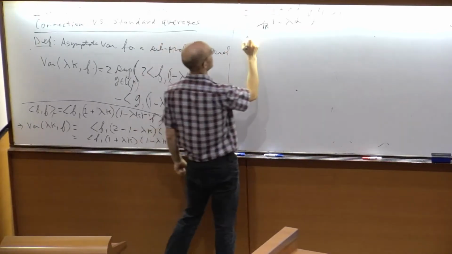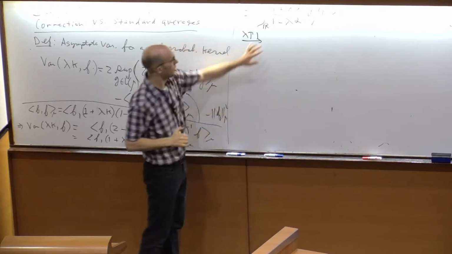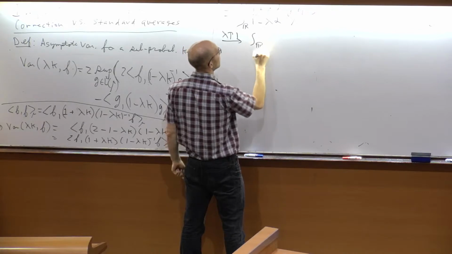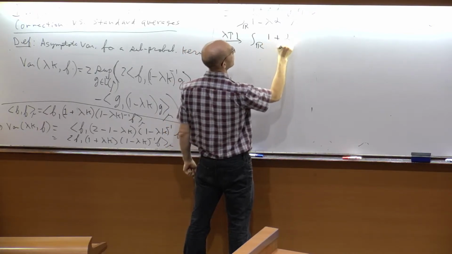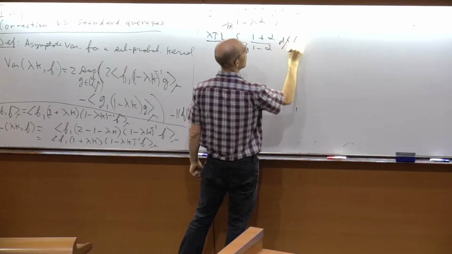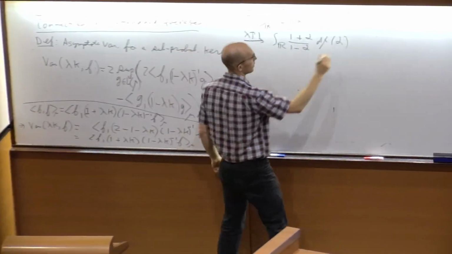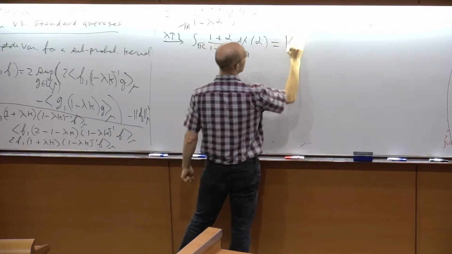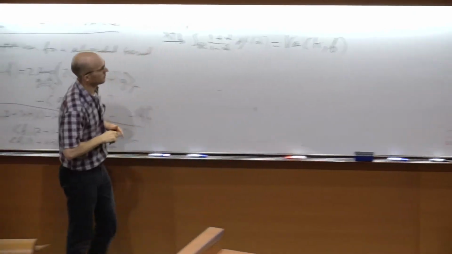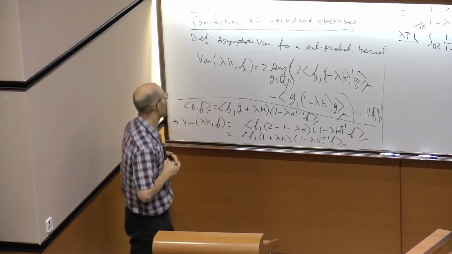As lambda goes to 1, this converges uniformly to exactly the asymptotic variance of our original Markov operator K, F. So this is how we can relate the two asymptotic variances.